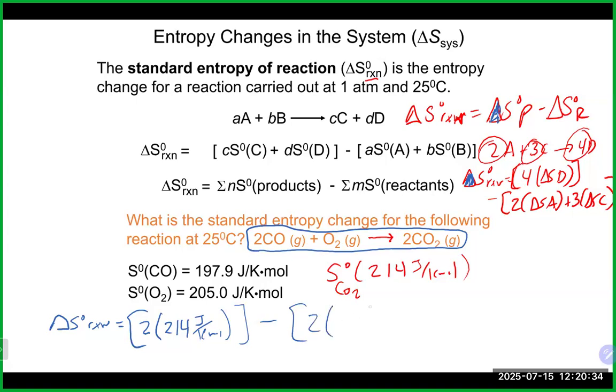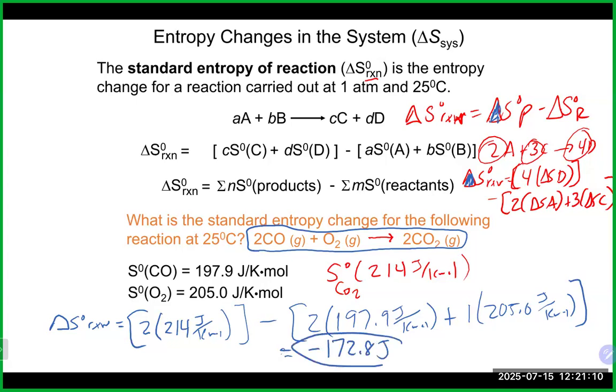I got 2 COs, which is 2 times 197.9. Plus, I do have 1 O2, so it's basically 1 times 205. And that'll take care of all my reactants. So we end up with, looks like negative 172.8 joules.